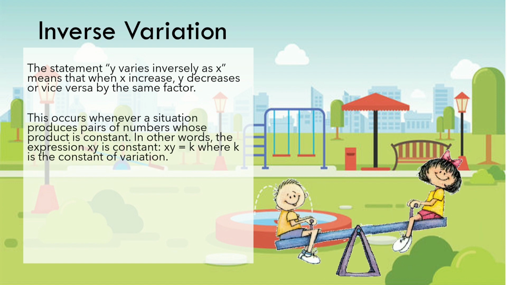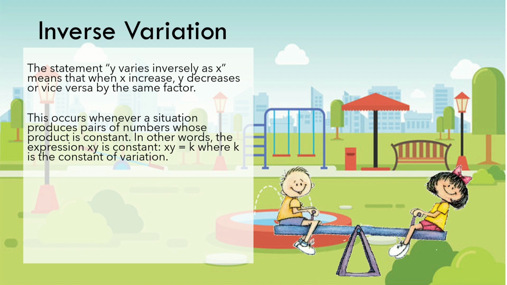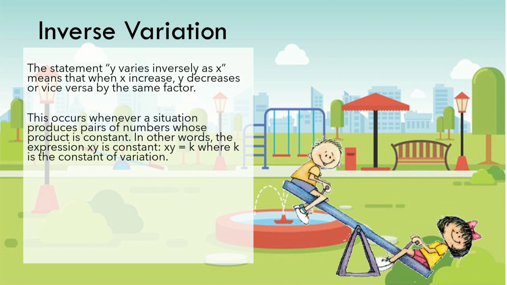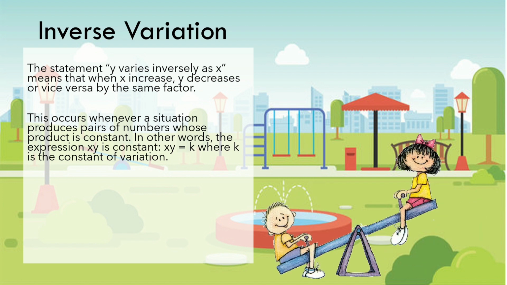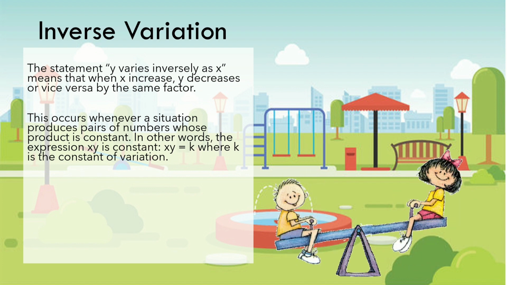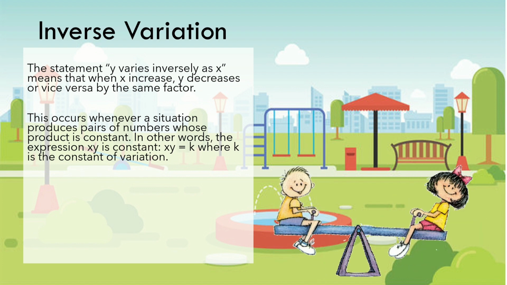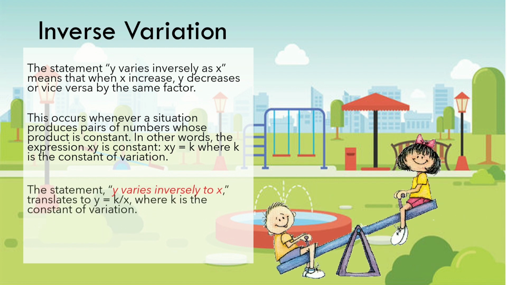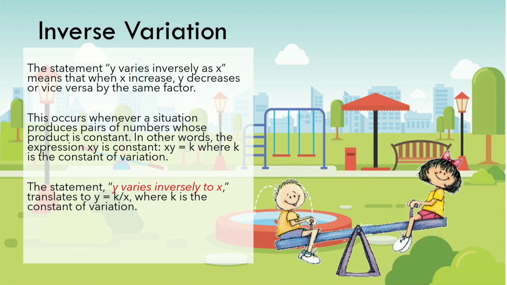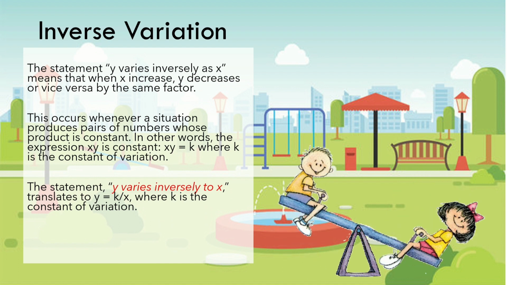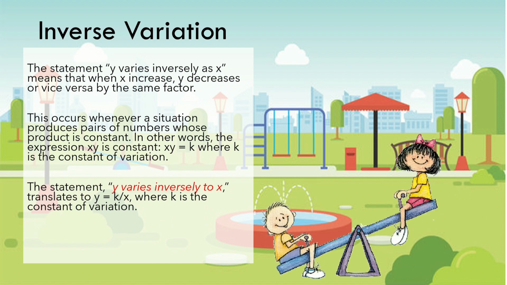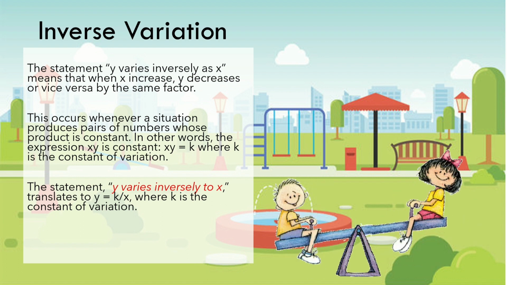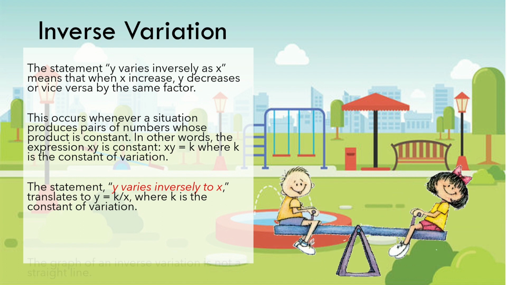This occurs whenever a situation produces pairs of numbers whose product is constant. In other words, the expression xy is constant means x times y is equal to k, where k is the constant of variation. The statement y varies inversely to x translates to y is equal to k all over x, where k is the constant of variation.